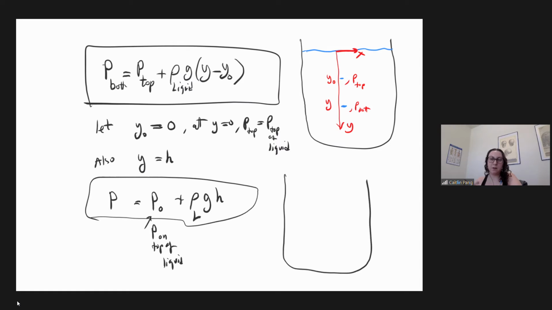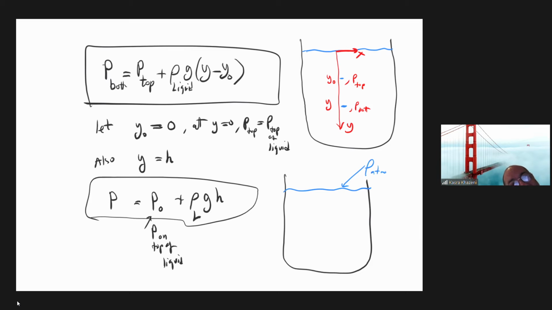I have a quick question. Is the pressure at the top of the liquid the atmospheric pressure? That's correct. Okay, thank you. Of course, that's correct. I was just writing that right now. And h is the depth to which you go down from the surface. So that's just the depth.